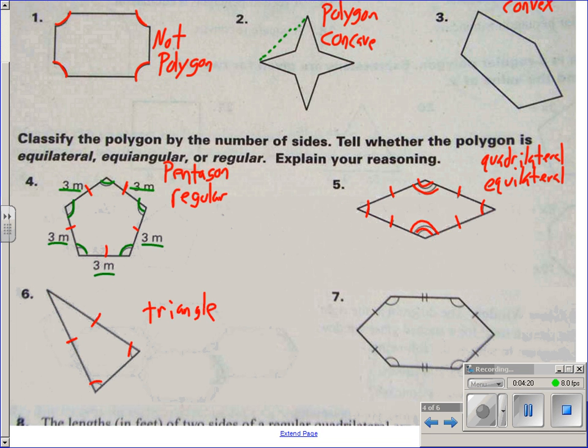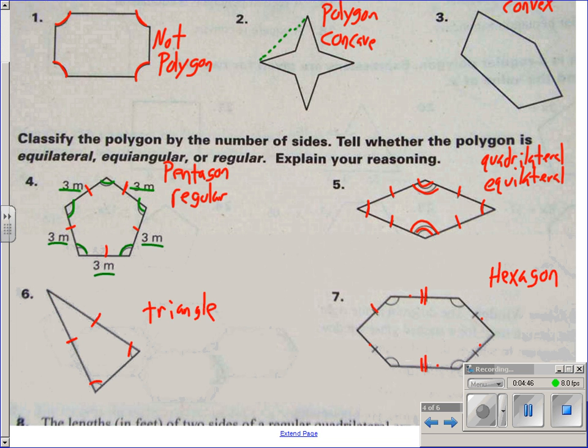Number 7. Again, I'm just going to pick a side to start. So there's the first side. 2, 3, 4, 5, 6 sides. Hexagon. Hexa is a prefix for 6. Equilateral? You can see the sides with the single dash, but you got these 2 sides here, the top and bottom, with 2 dashes. Those are different.